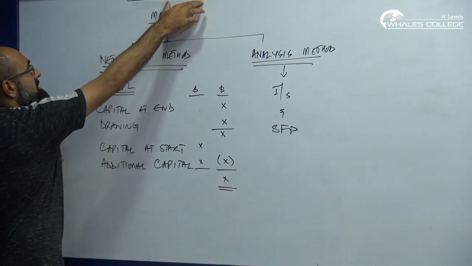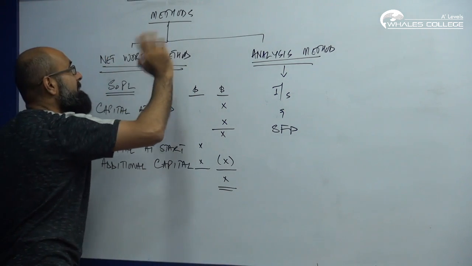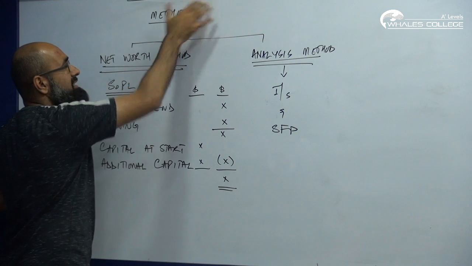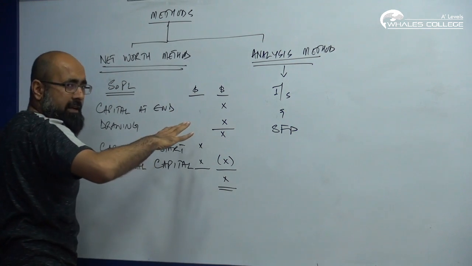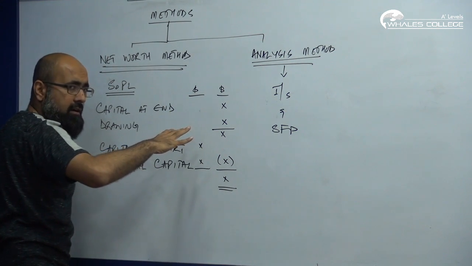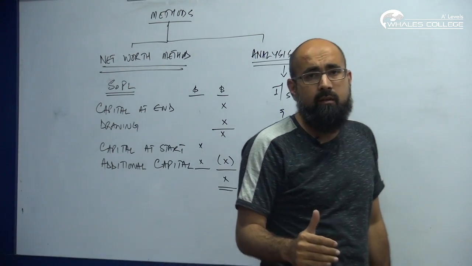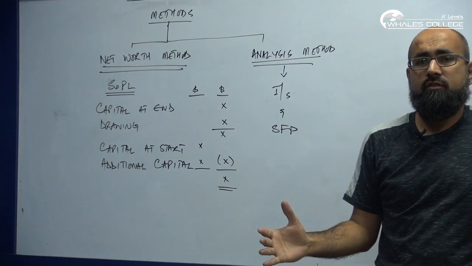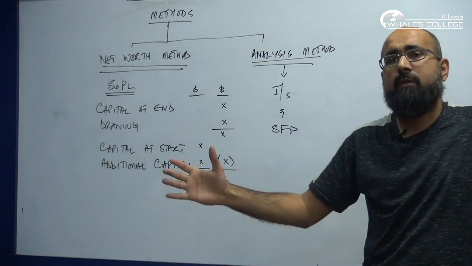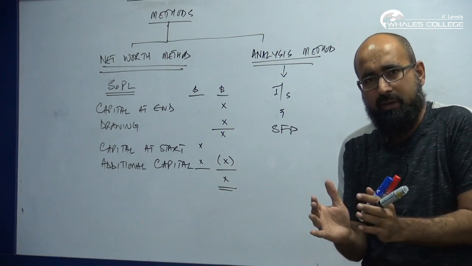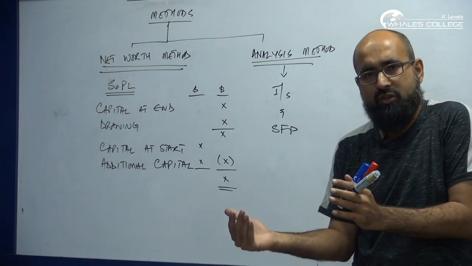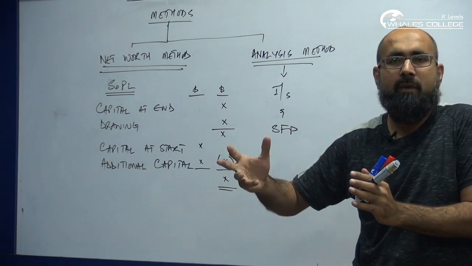Incomplete records. As it sounds, incomplete records. It's very much clear the records are not completed, or maybe prepared by an inexperienced person, or maybe books of accounts are lost. So you don't have full information, you have limited information or incomplete information, unstructured information.